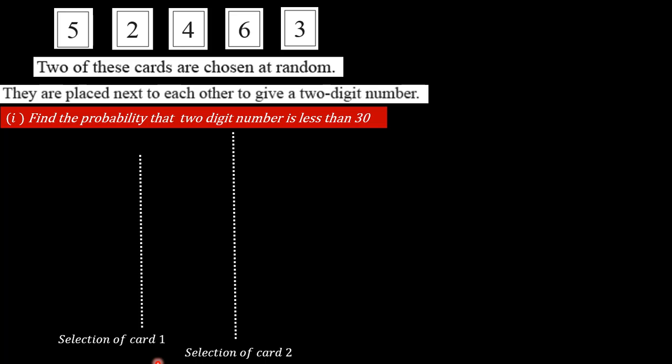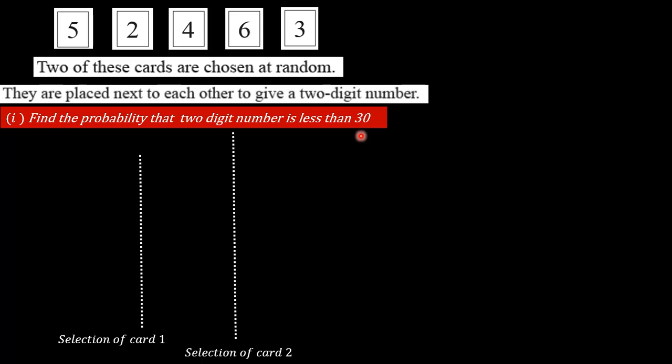Now, if we consider the first trial, students, we are hoping for a number that is less than 30. So in the first trial, we are looking for the card bearing the number 2 only. But there are 2 possible outcomes.